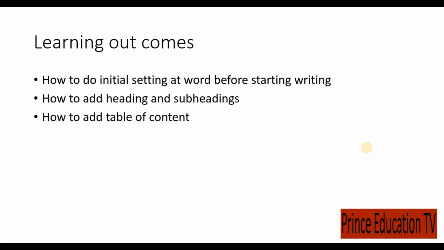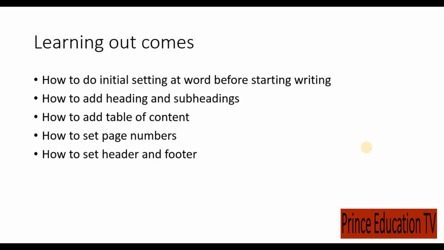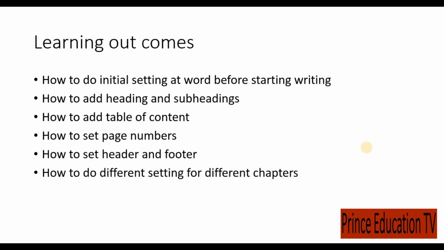Then how to add the table of content and how to add the custom table of content. We will learn all of these. How to set up the page numbers and how to set the custom page numbers we will see in detail. How to set header and footer, and then how to do the different settings for the different chapters, and how to set the references in hanging style, which is also a requirement of a thesis.